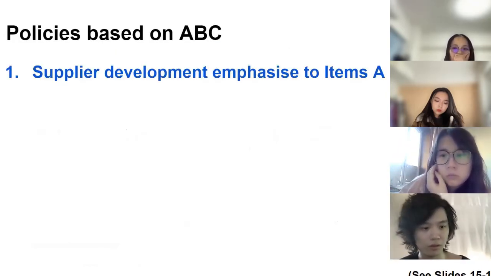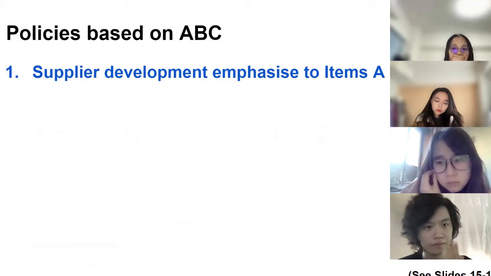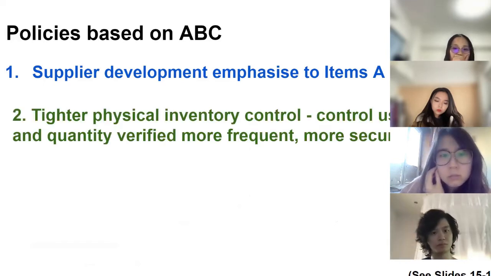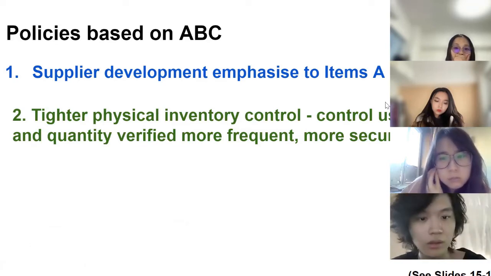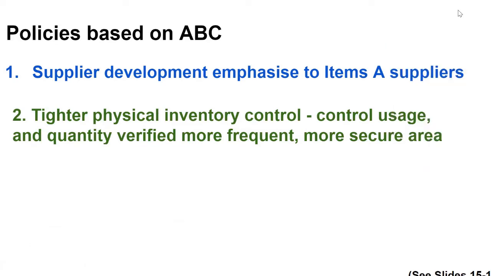What we mentioned just now is here, number 2, which is tighter physical control of the inventory. That means you control the usage, verify the quantity more frequently, and secure the area for keeping these expensive items. It is also related to supplier development.